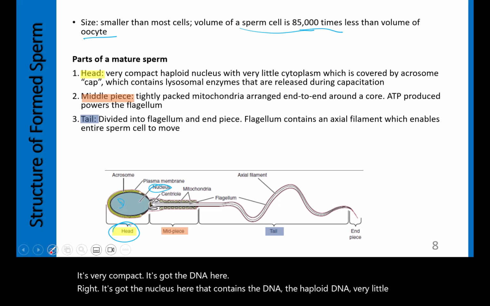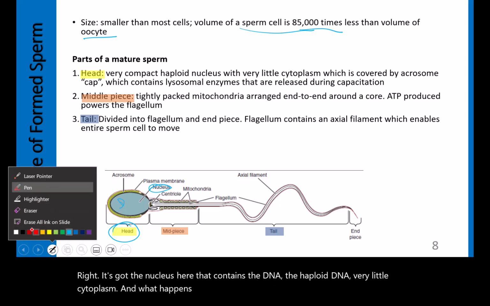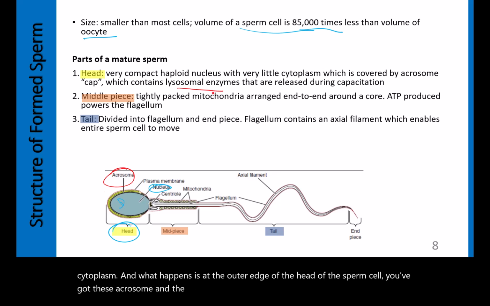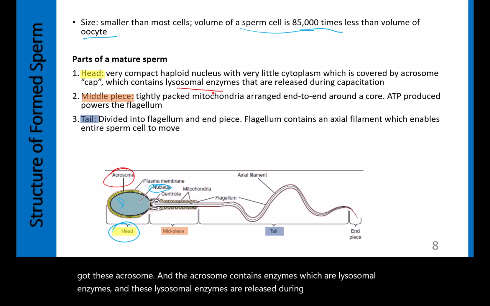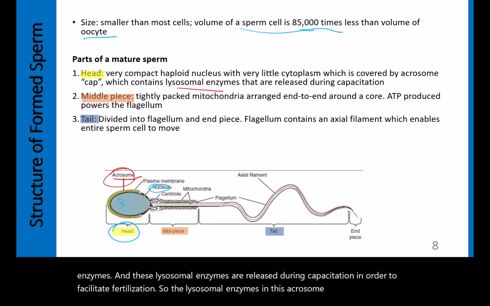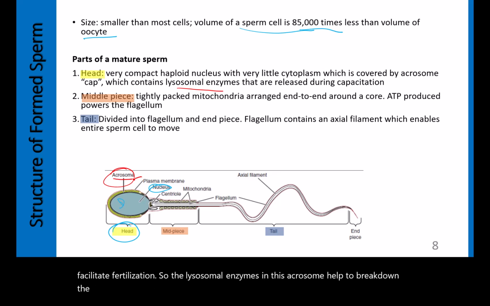At the outer edge of the head of the sperm cell, you've got the acrosome. The acrosome contains lysosomal enzymes, which are released during capacitation in order to facilitate fertilization. These lysosomal enzymes help to break down the barriers that surround the oocyte.